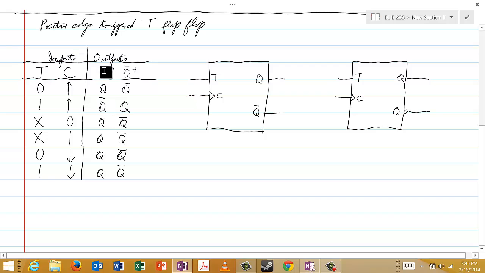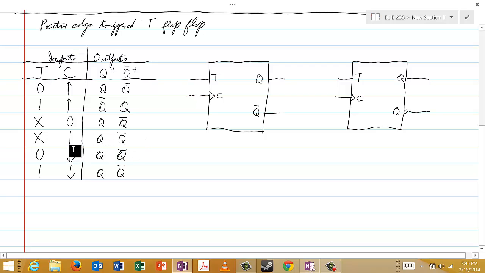I mean that the next value of Q just remains equal to the present value of Q, and the next value of Q complement remains equal to the present value of Q complement. And that will be the case in all 4 of these final situations. So as long as the clock is constant, whether it's equal to 0 or equal to 1, as long as the clock is not changing, nothing happens to the output.